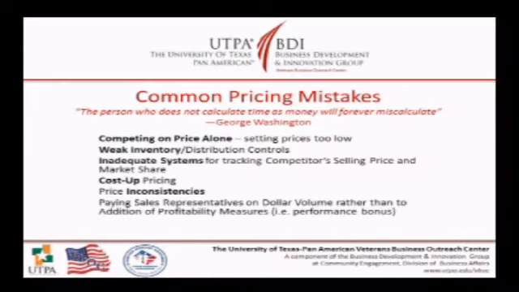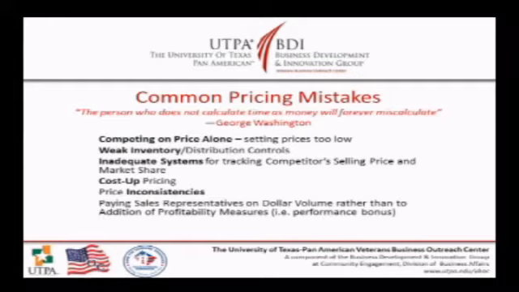So some of the pricing mistakes is competing on price alone. Basically, it's real tough to compete on price alone. Lots of times the customer is looking at the quality of the product as well. They're looking at customer service. There's a lot of things other than price that they're looking at.